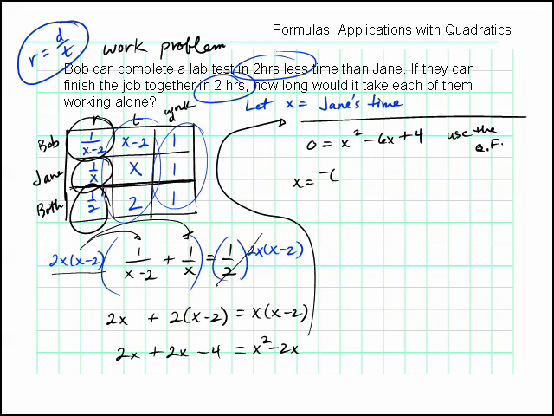Negative b plus or minus the square root of b squared minus 4 times a times c, divided by 2a. b is negative 6, a is 1, and c is 4.